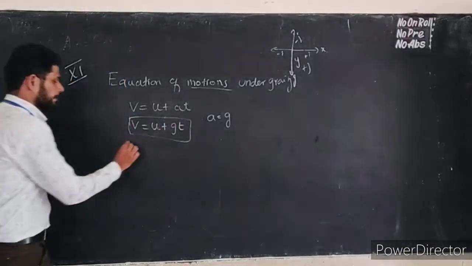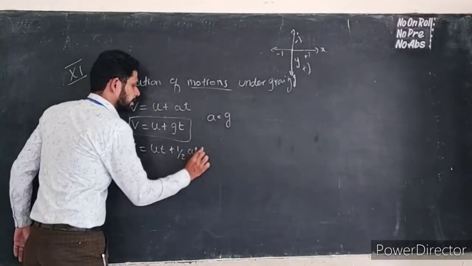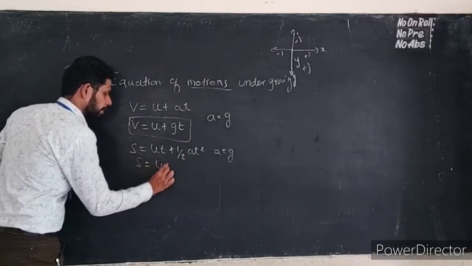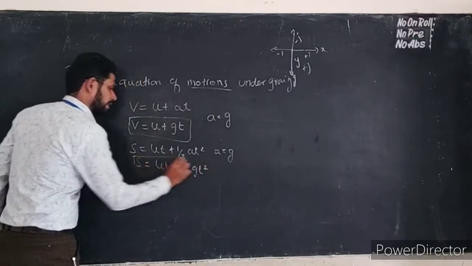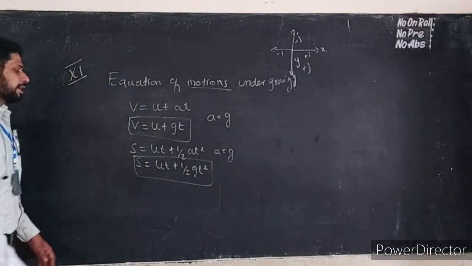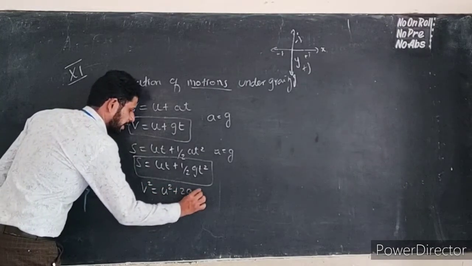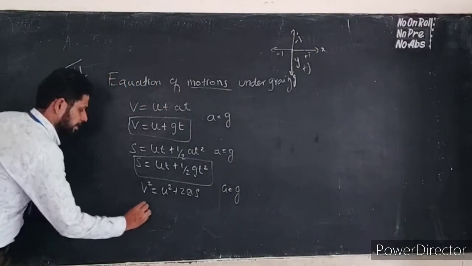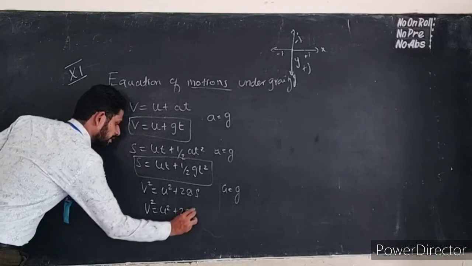The second one is s equal to ut plus half at squared. Here a equals g, the acceleration due to gravity, so s equal to ut plus half gt squared. The third one, v squared equal to u squared plus 2as, where a equals g, so v squared equals u squared plus 2gs.